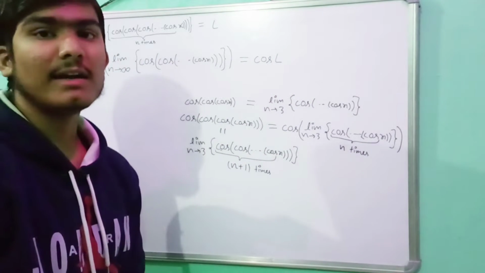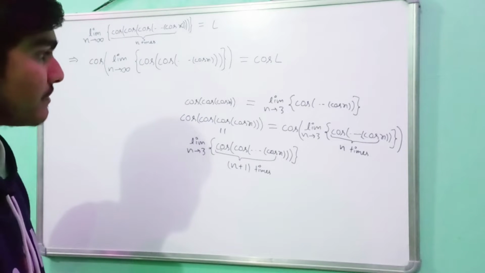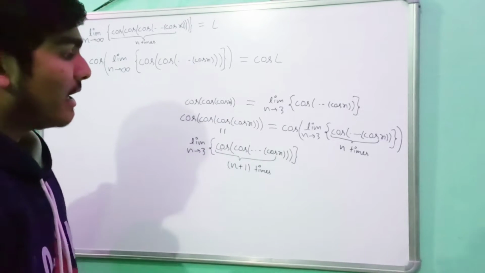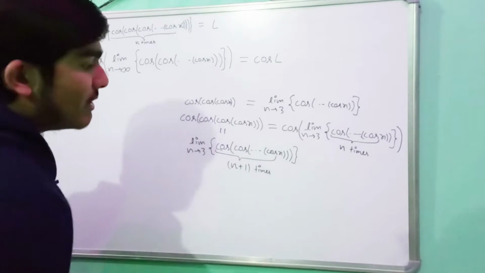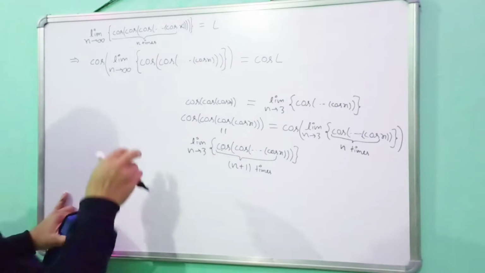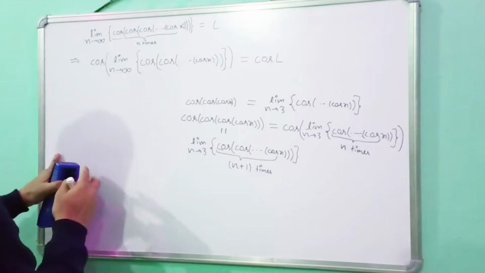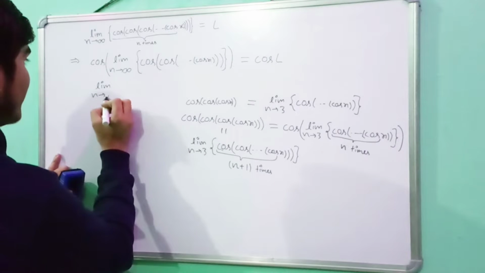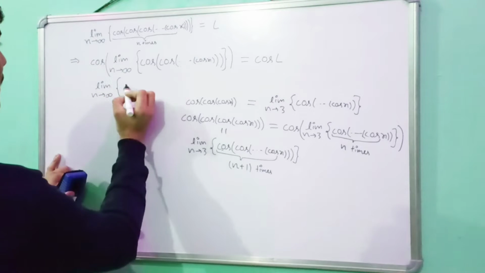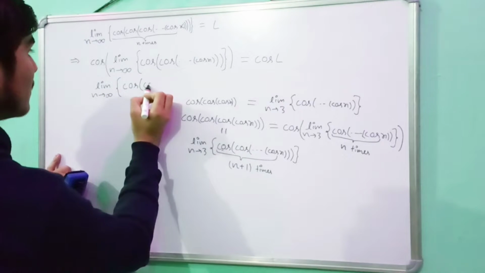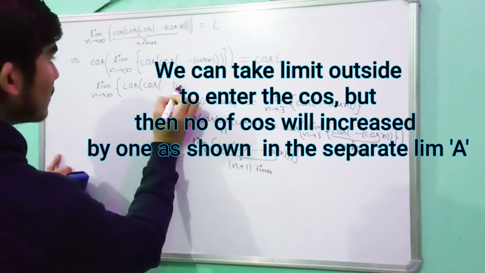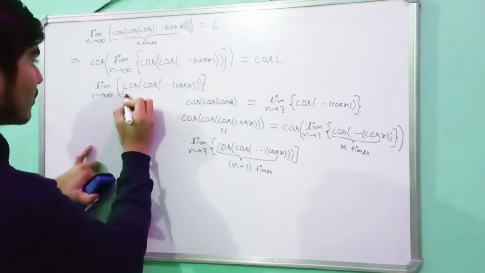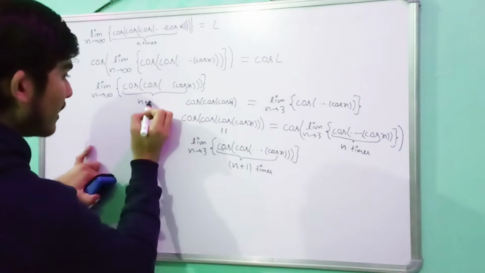Now we can observe an interesting thing here: cos of this limit equals the limit of this cos, and now the number of times cos is applied has increased by 1. So my whole discussion says that we can write this whole thing as the limit as n goes to infinity of cos x, where cos is taken n plus 1 times.